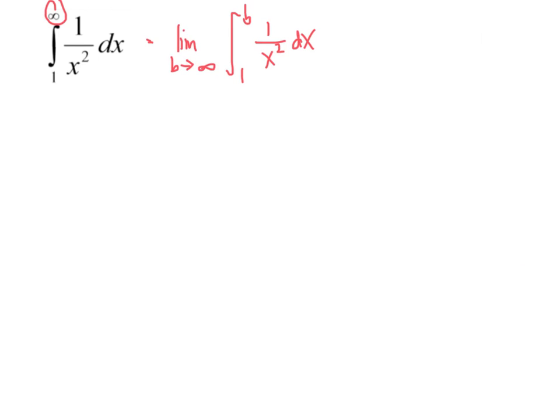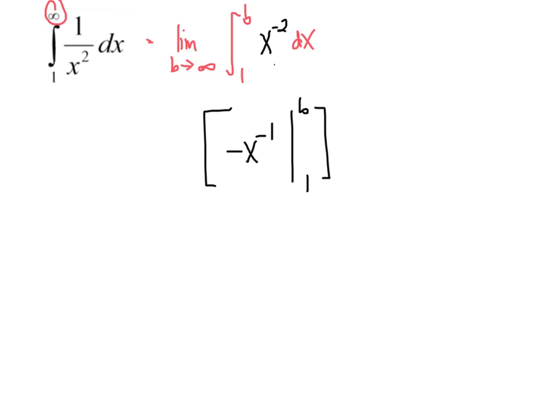Now, I think it would be easy here to rewrite 1 over x squared as x to the -2nd. So, the antiderivative: we raise the power and divide by the new power, so there it is. We're evaluating at b and 1.